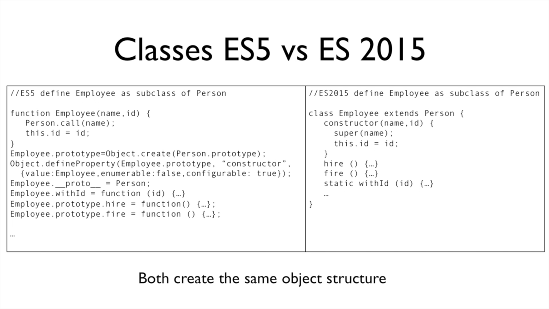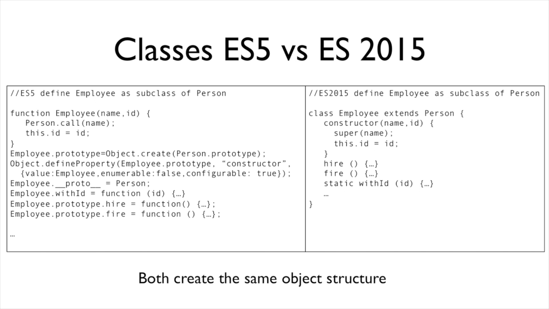On the left here, you have the manual wiring code that you had to do at ES5 or ES3 to build that structure. What the class model in ECMAScript 2015 does is provide a syntactic convenience to say, I can create a single syntactic unit to say, I'm defining something that follows the standard ECMAScript class model.